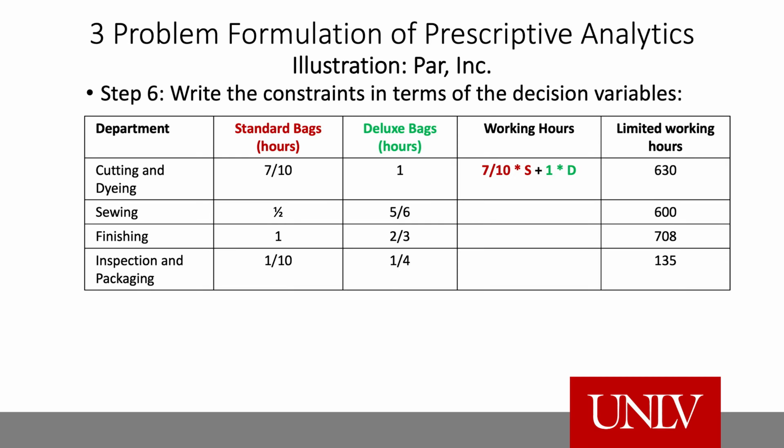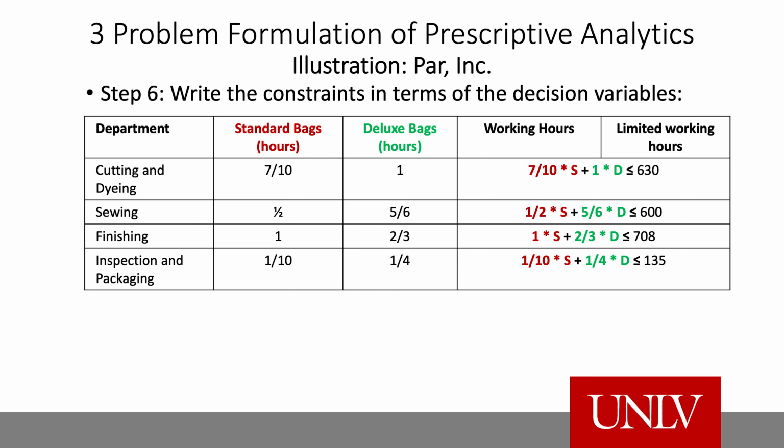Since the constraint of the cutting and dyeing is 630 hours, we can write this constraint as 7/10 S plus 1D less than or equal to 630. So this is how we transfer the constraints to a mathematical inequality using the decision variables S and D. In the same way, we can finish inequalities for all the constraints.